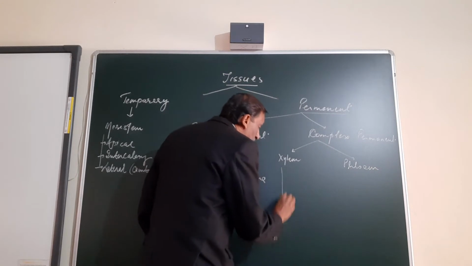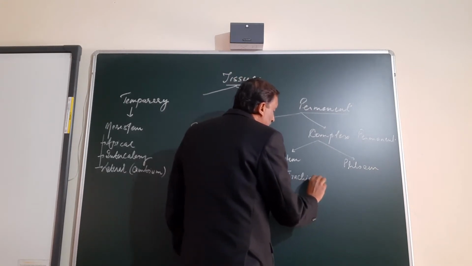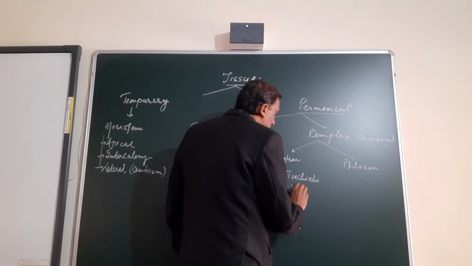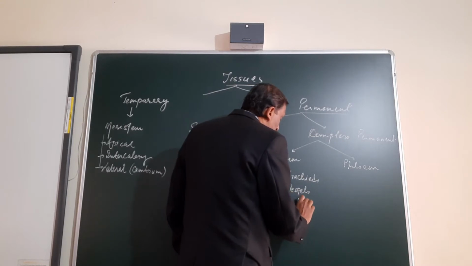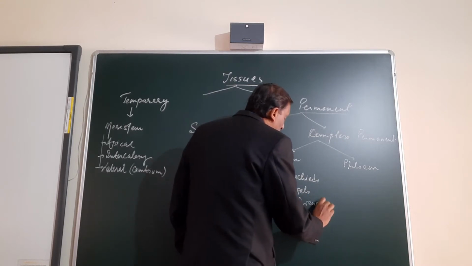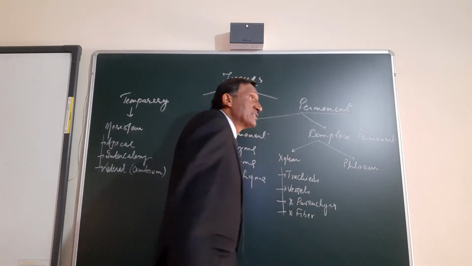Now xylem is made up of four types of cells: the tracheids, vessels, then xylem parenchyma and xylem fibers or xylem sclerenchyma.